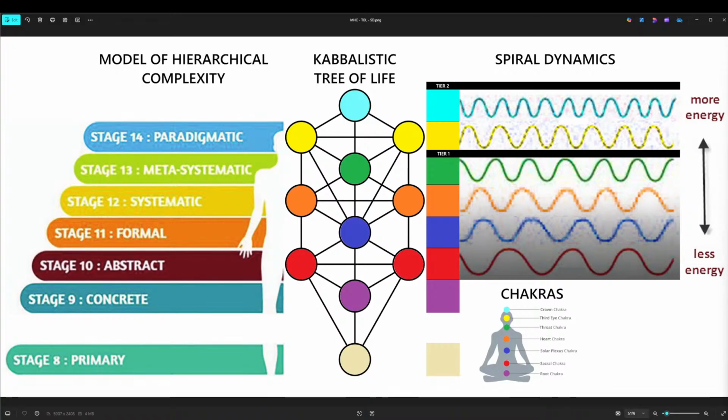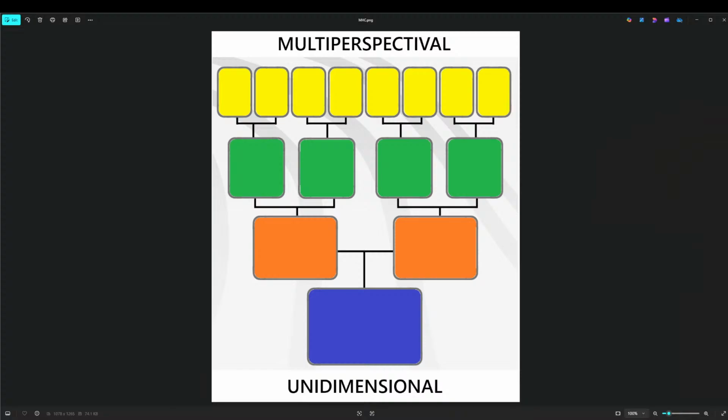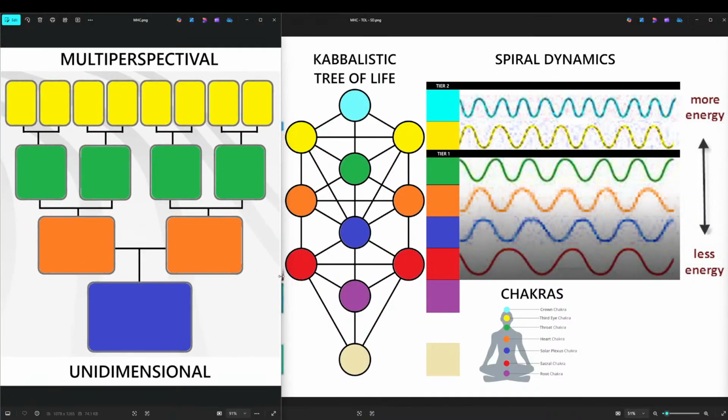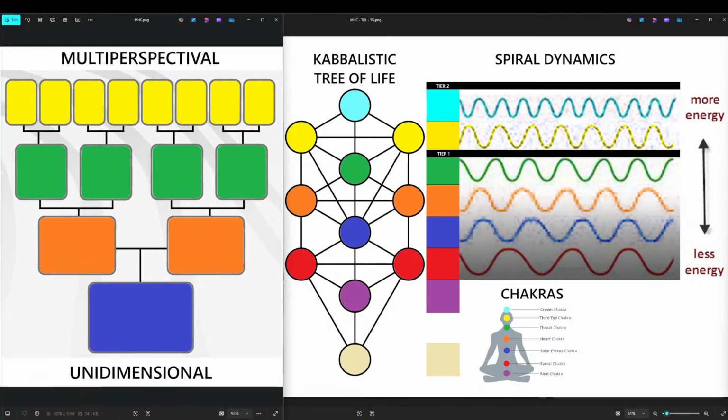And so if you think of this diagram in terms of the model of hierarchical complexity, then you can sort of see how they fit together.